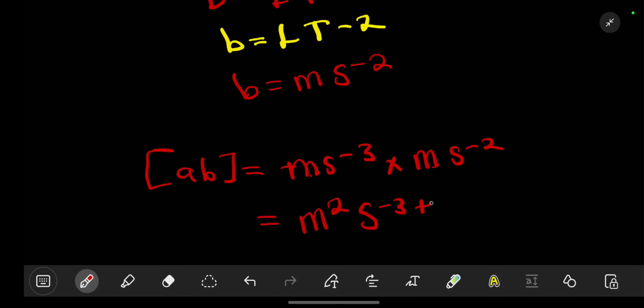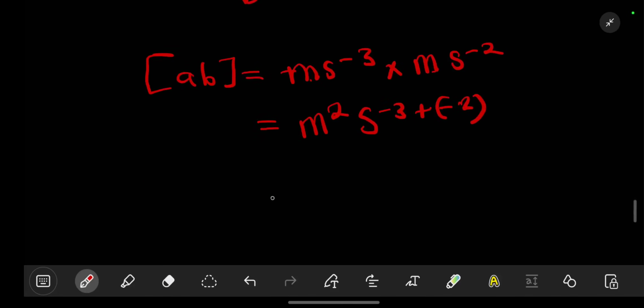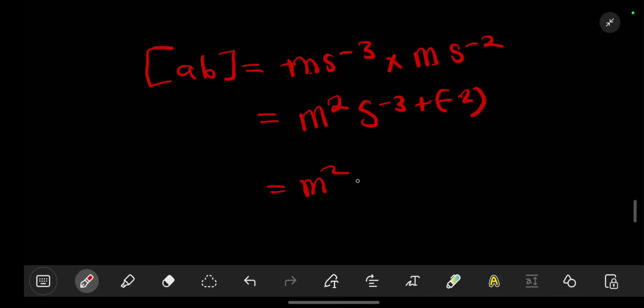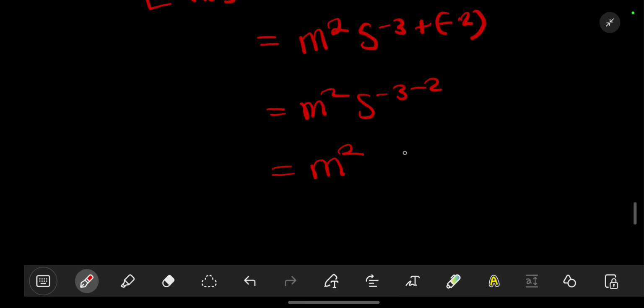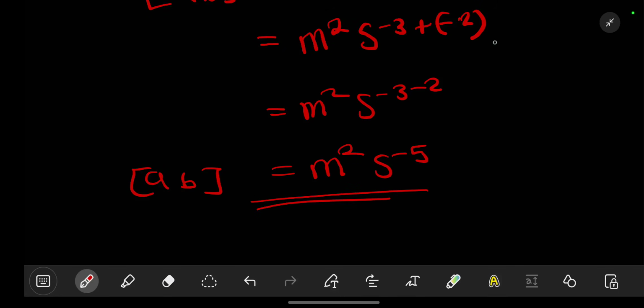Adding the powers, we have plus, but this is negative, so negative 3 minus 2, which will be meter squared seconds to the power negative 5, like that. So these are the units of AB.